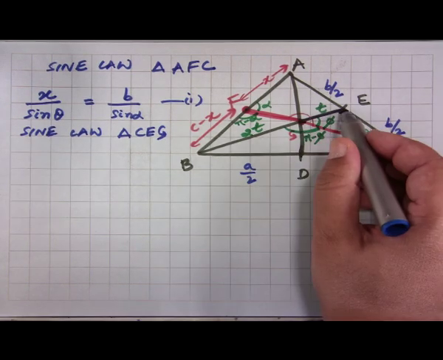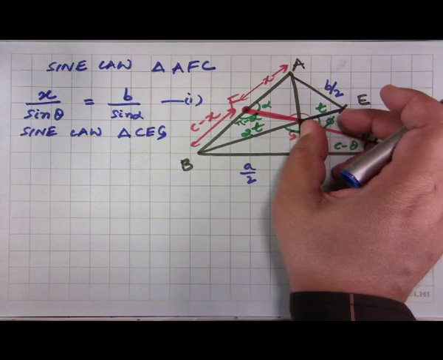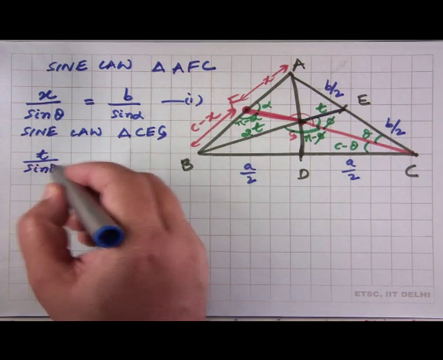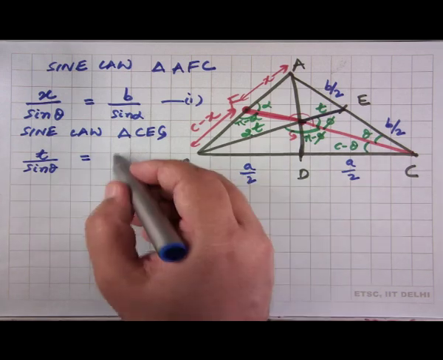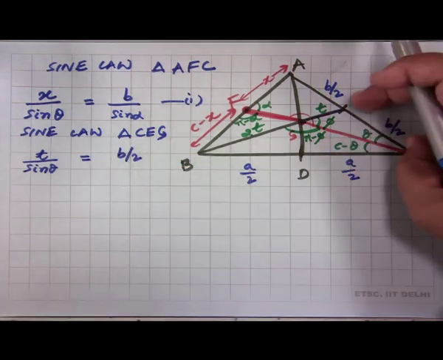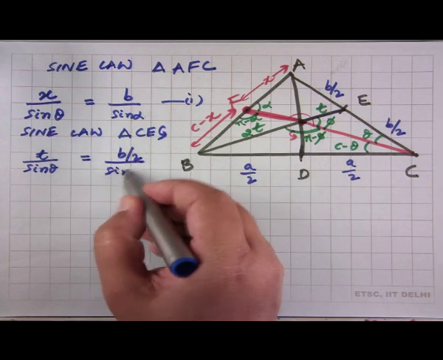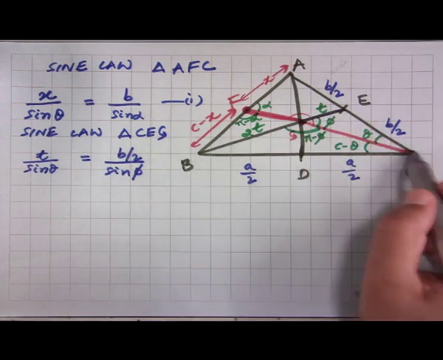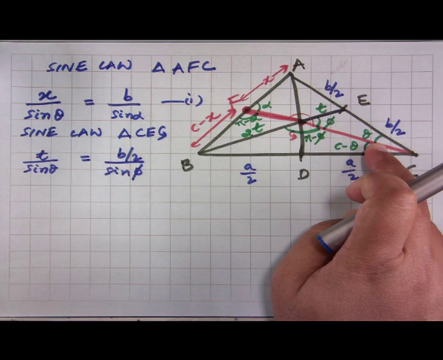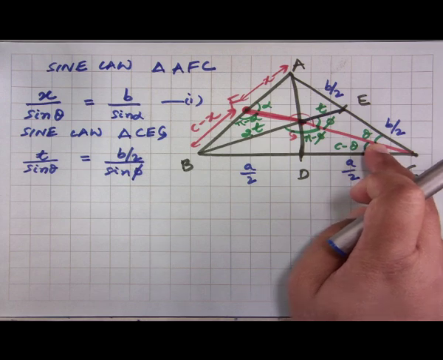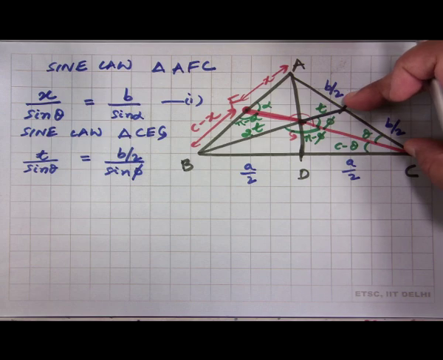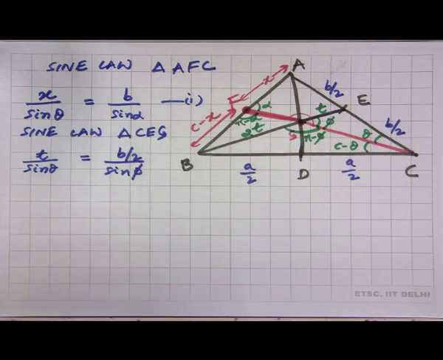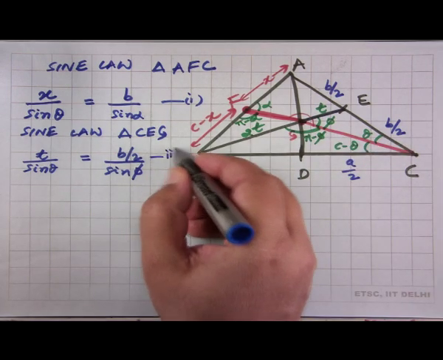So in the triangle CEG, t divided by sine theta is equal to b by 2 over sine of phi. So t over sine of the angle opposite to it, which is theta, must be equal to b by 2 divided by sine of the angle opposite to it, which is phi. So that gives us the second equation.